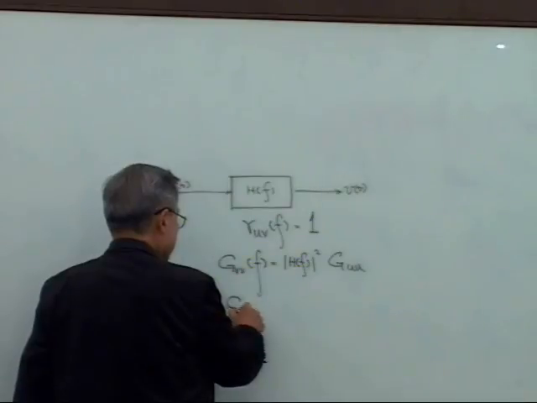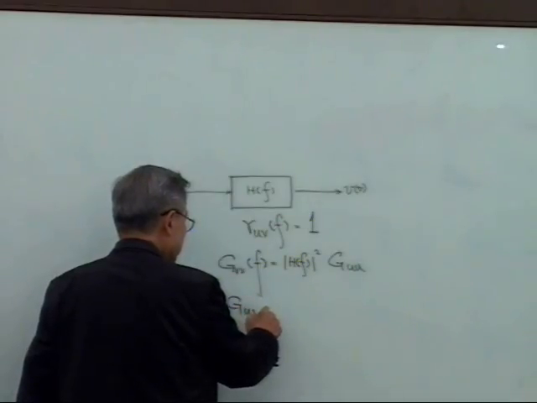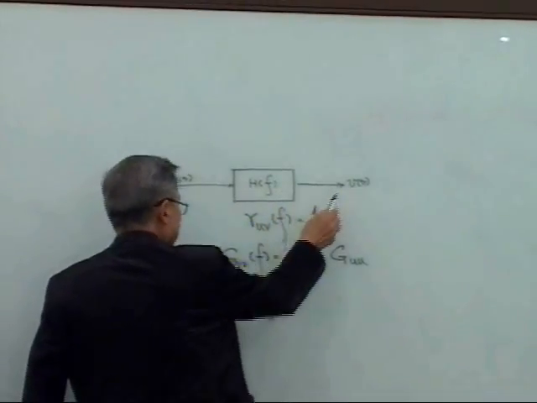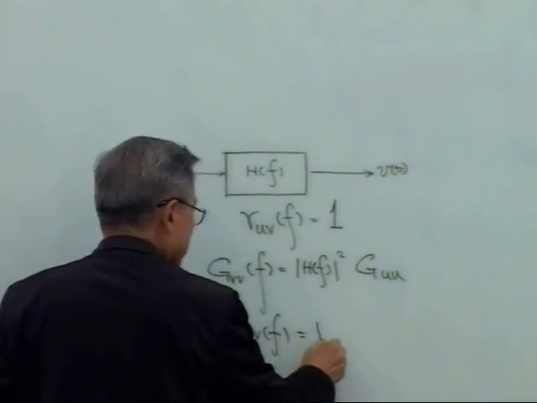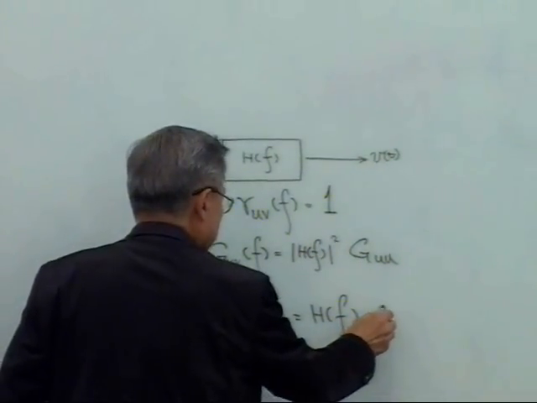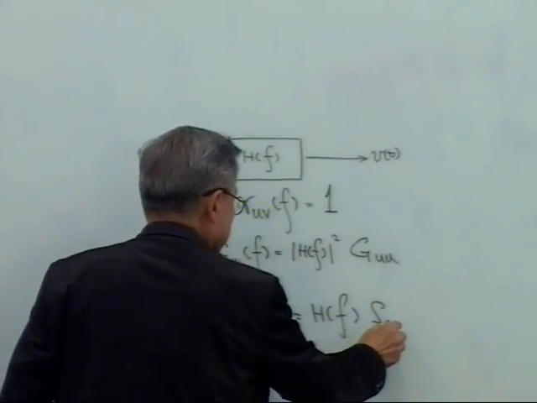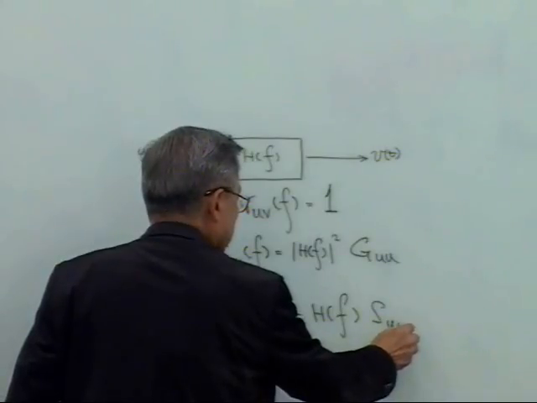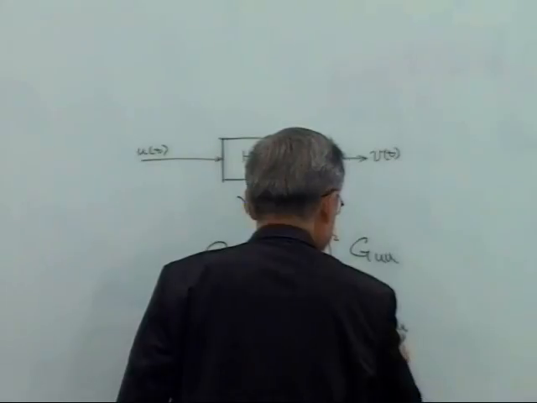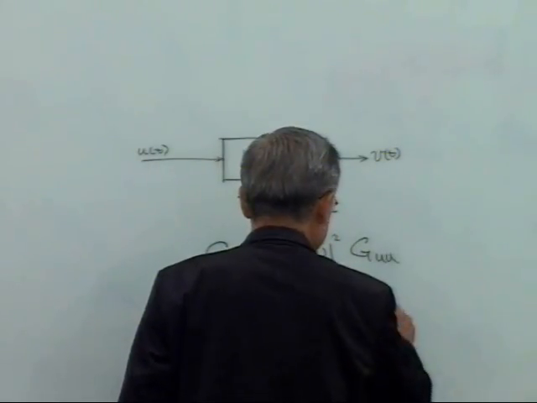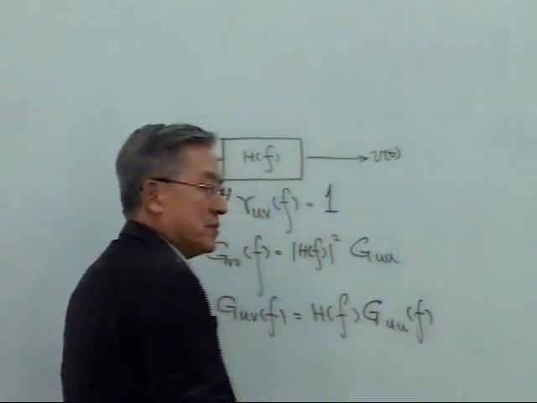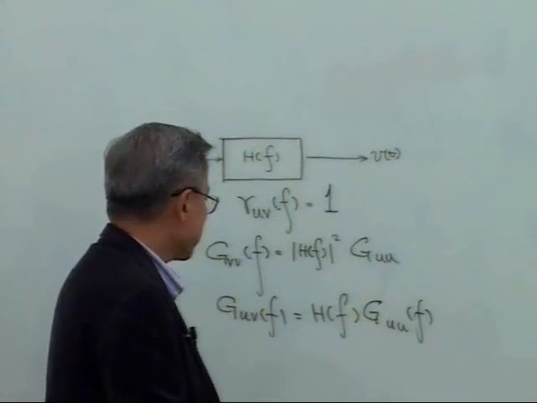And GUV is equal to HF times GUU. Oh, this is not the S. Function of F. Same thing over and over again.